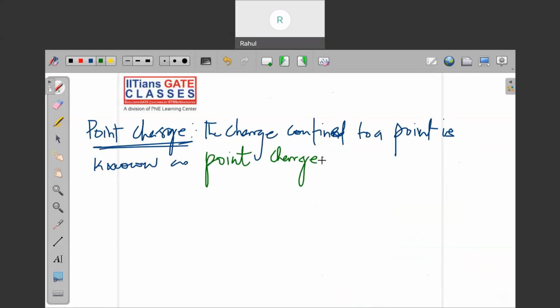Suppose this is a point, and here is the charge q. This is a point charge; this is the kind of representation we use. In general, charge has the unit Coulomb. Remember these things.